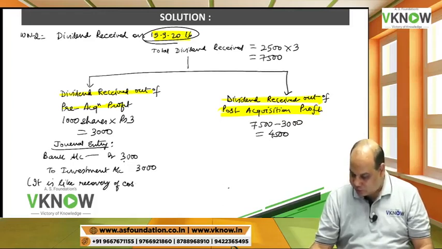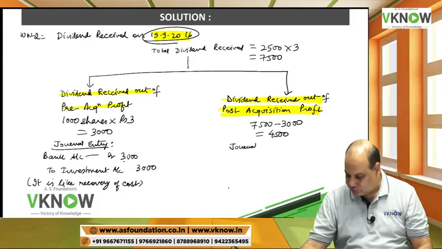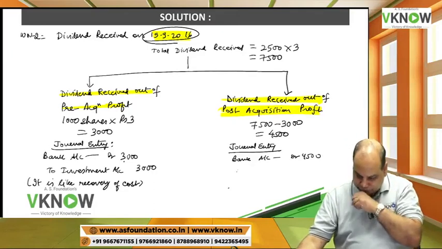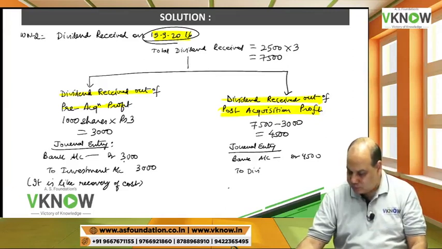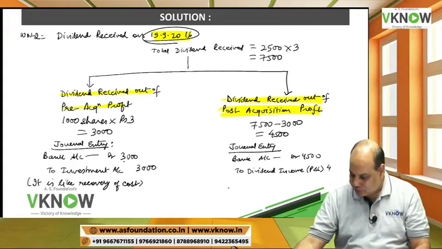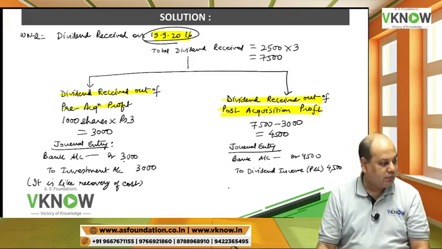And here the journal entry for dividend out of post-acquisition profit will be bank account debit 4,500 to dividend income (P&L account) 4,500. So that will be transferred to P&L account.